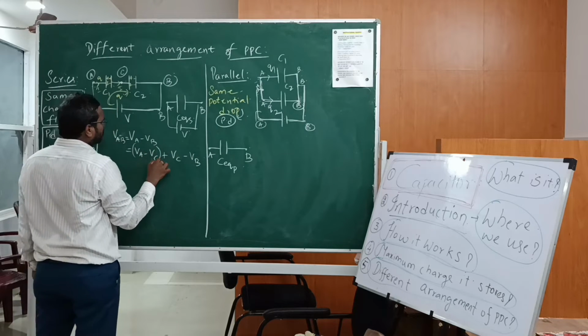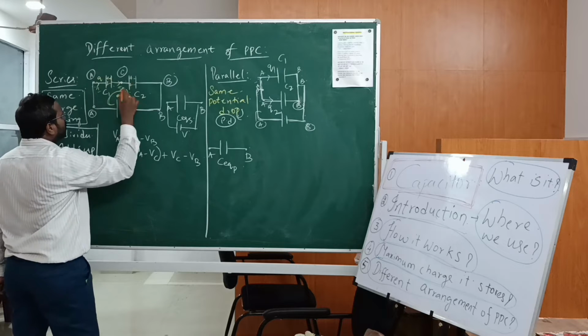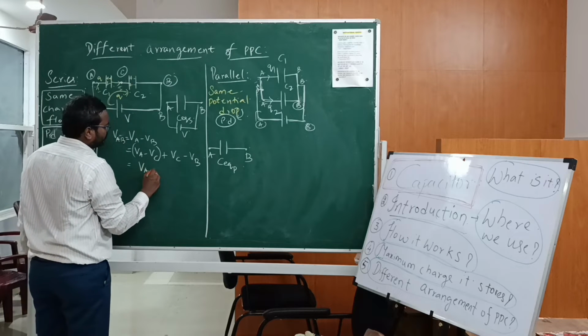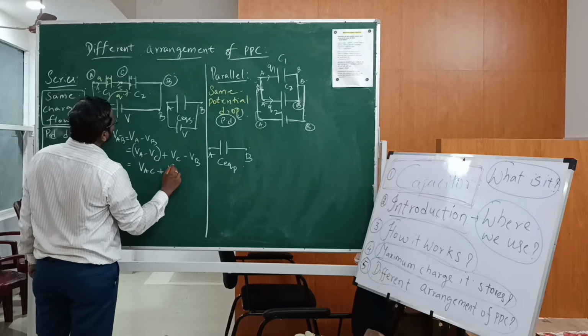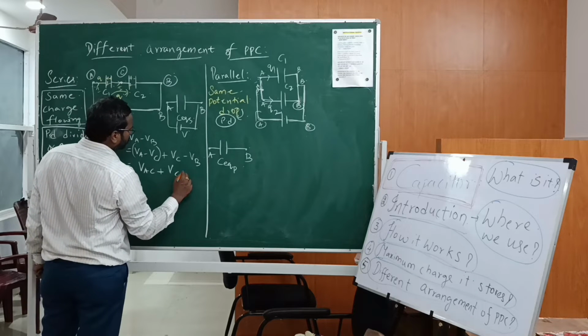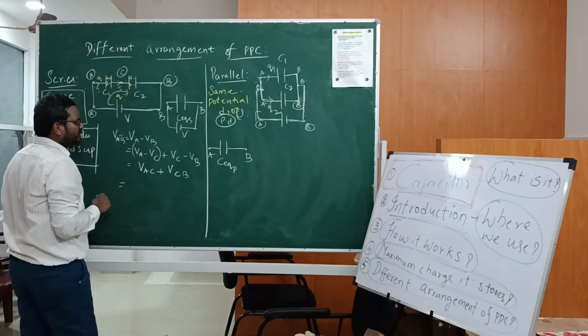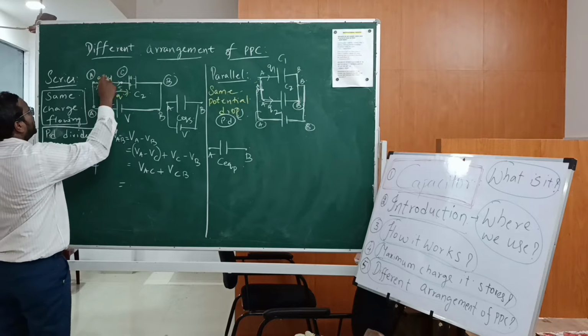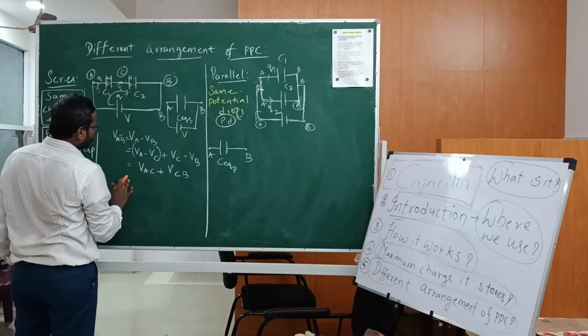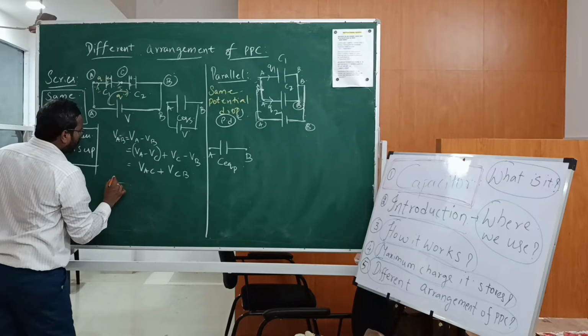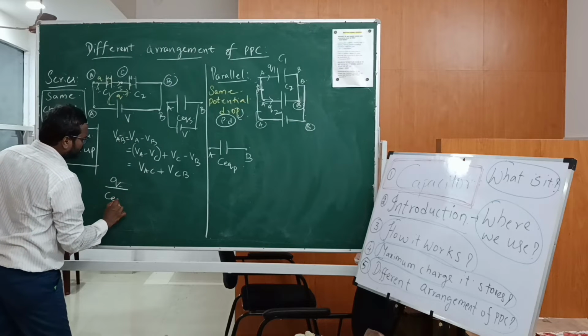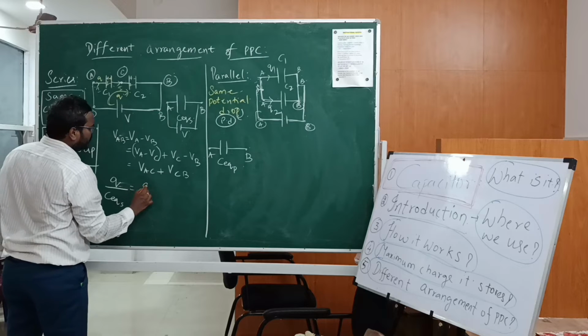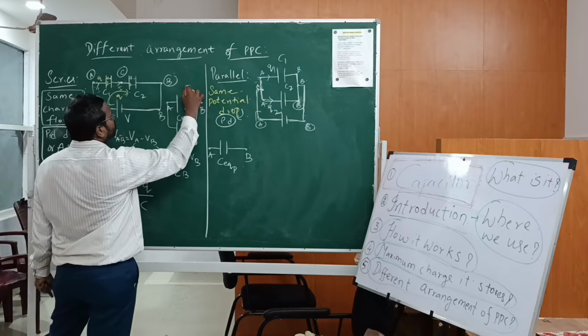So what is VA minus VC? We can write as potential drop across AC plus VCB, which is nothing but potential difference across CB. How is VAC taken now? VAC is Q by C1. So VAB on the left-hand side we take C equivalent in series times Q. The same charge should be stored in this.